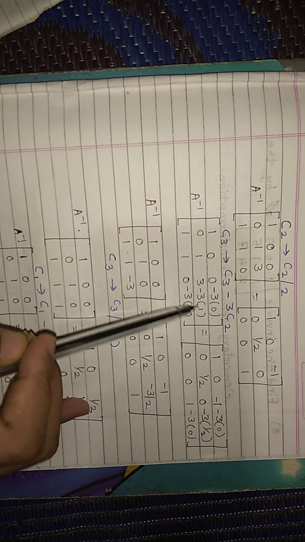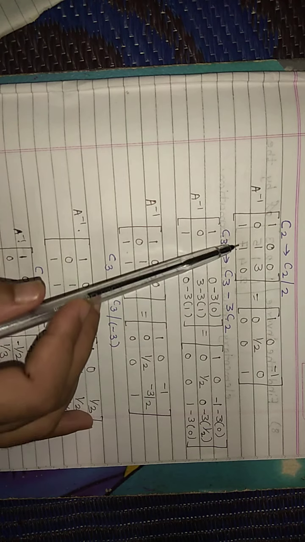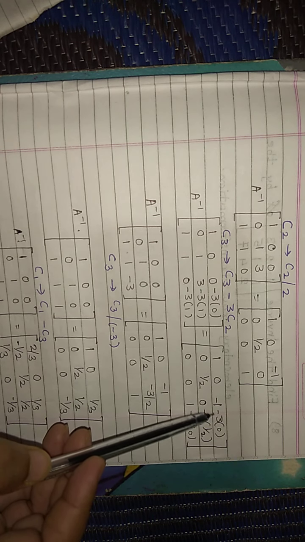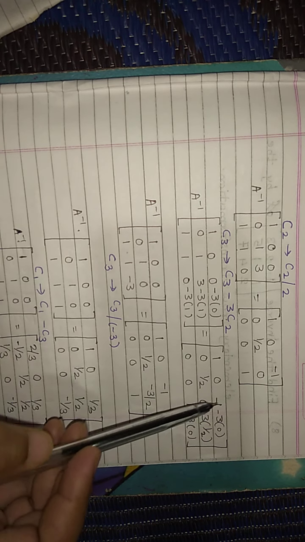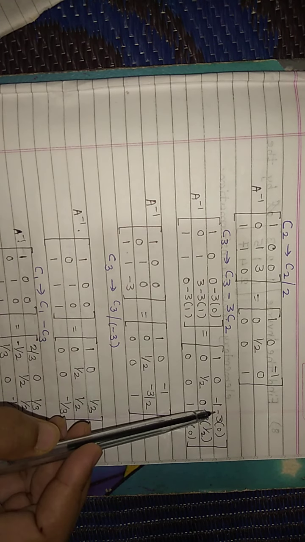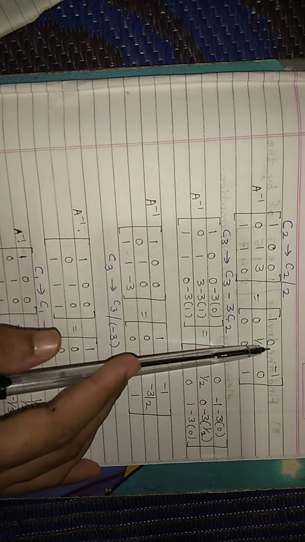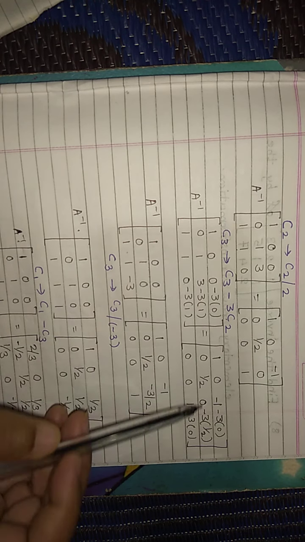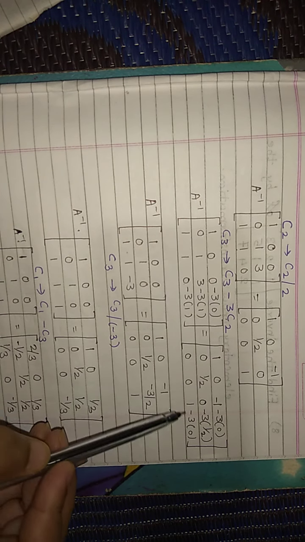Next 0 minus 3 into 1. Same step we apply in the third column for the identity matrix. First element is minus 1. Same formula: minus 1 minus 3 into 0 for column number 2. 0 minus 3, 1 upon 2. 1 minus 3 into 0.